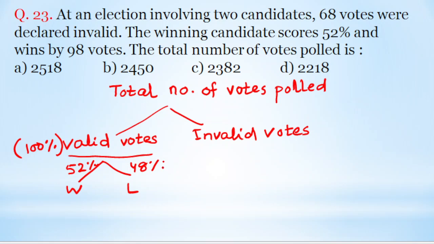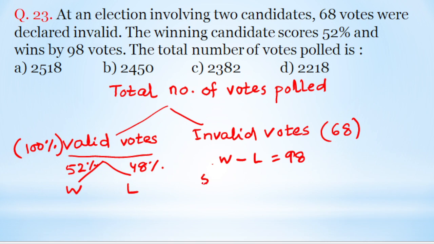It is also given that the winner wins by a margin of 98 votes. That means the difference between the winner and the loser is 98. The number of invalid votes is 68. Winner minus loser is equal to 98.